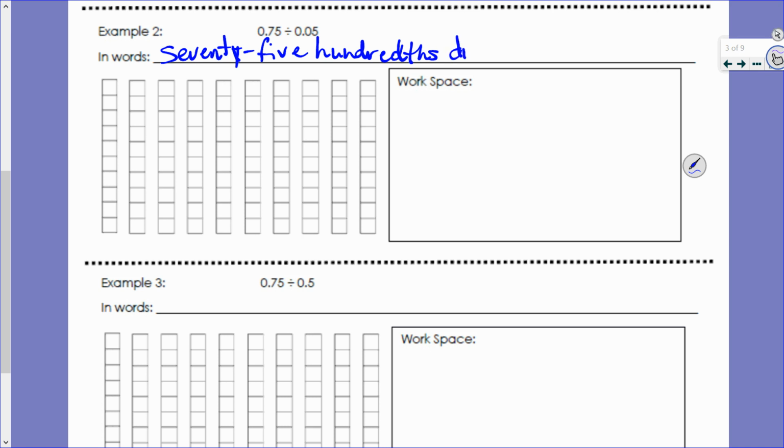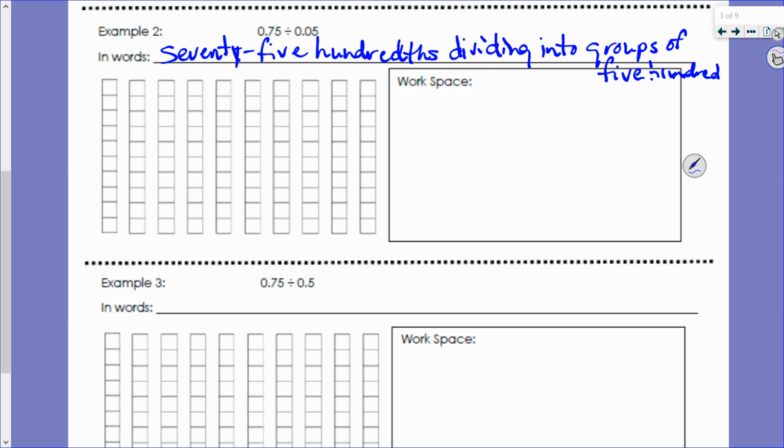Dividing into groups of how much? What kind of groups am I dividing it into? 5 hundredths. Okay? So basically we're saying, how many groups of 5 hundredths do we have in 75 hundredths?